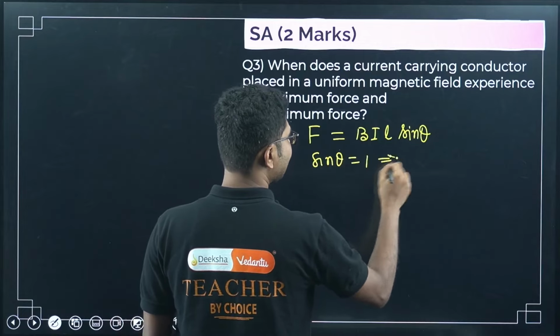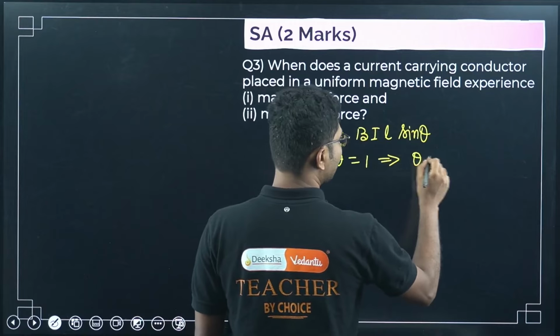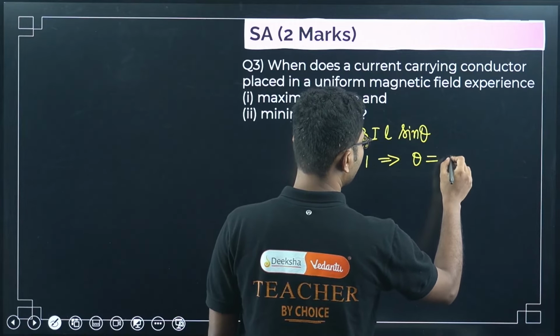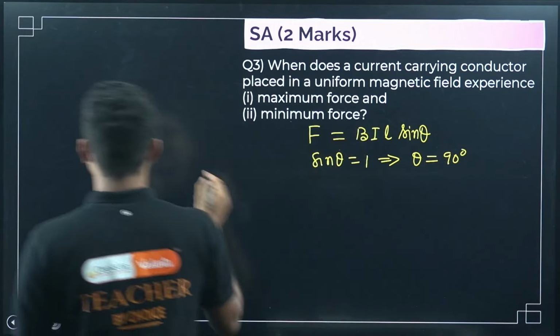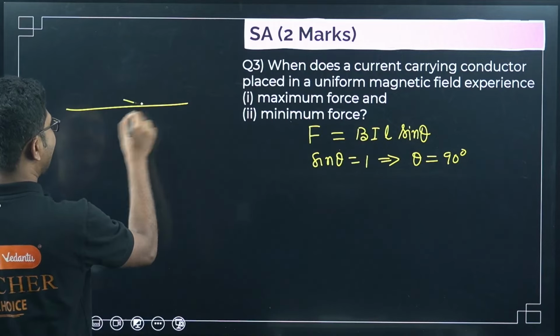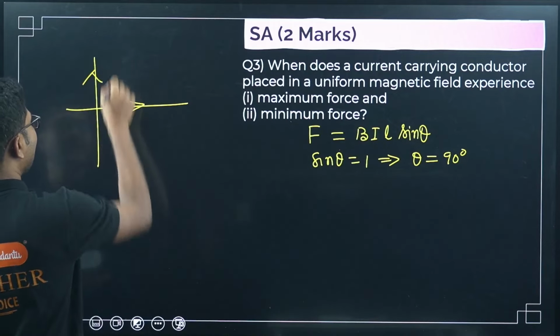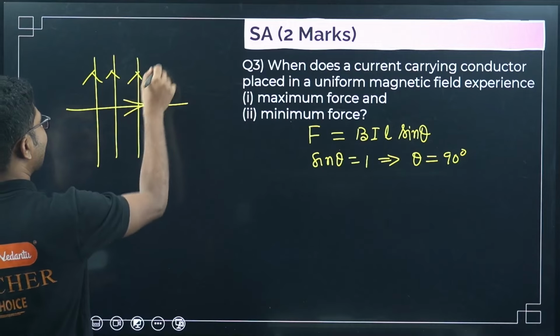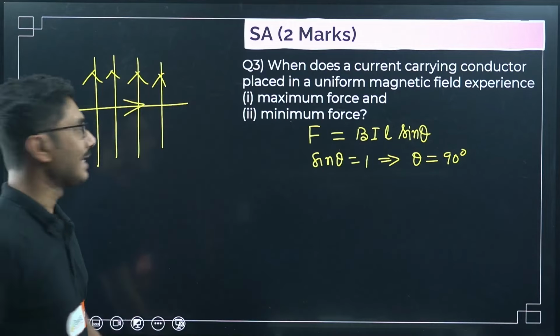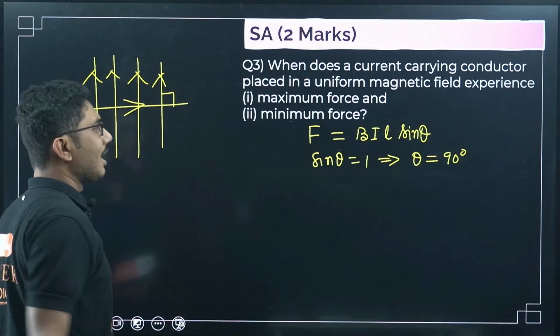So theta equals 90 degrees. So when the direction of current carrying wire and the magnetic field is at 90 degrees, then the force will be maximum.